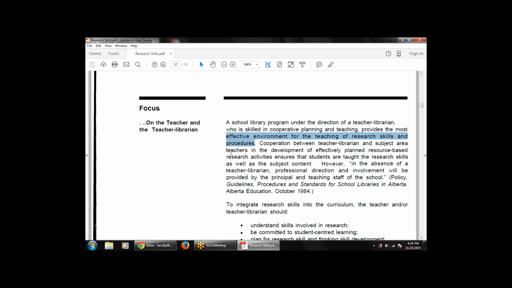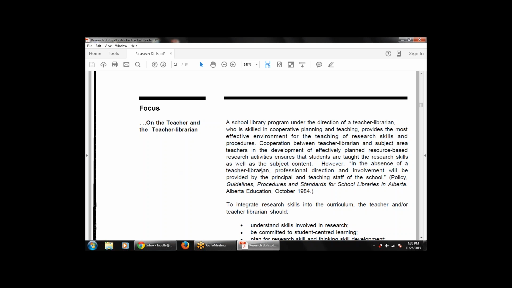However, in the absence of a teacher librarian, professional direction and involvement will be guided by the principal and the teaching staff of the school. Policy, guidelines, procedures, and standards for school libraries in Alberta are available. This is one of the important lines.